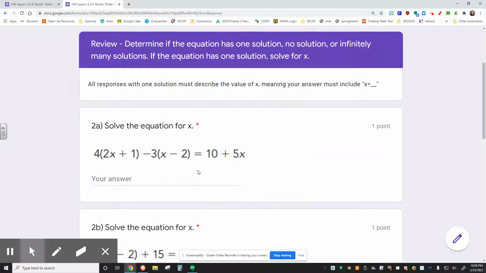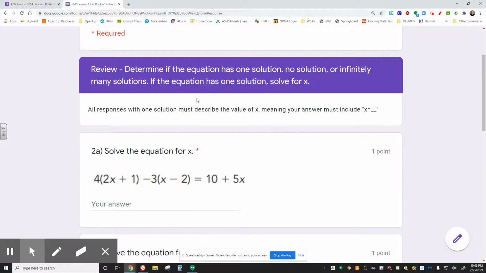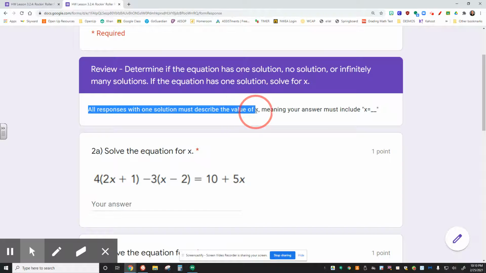And then the final part of your work for today is to solve each of these equations. So here's the thing. You need to determine if the equation has one solution, no solution, or infinite solutions. Just like we've talked about in class, how many solutions does the equation have? Now, you don't have to tell me that in your answer, but that's the thing that's going to decide if you're actually going to solve it. So all responses with one solution must describe the value of x.